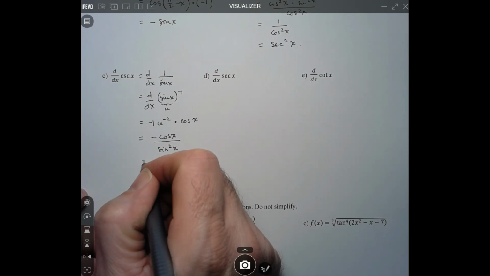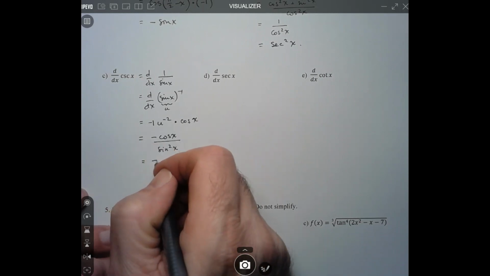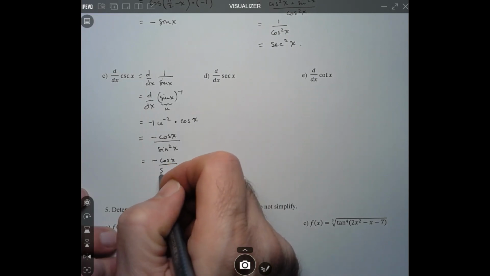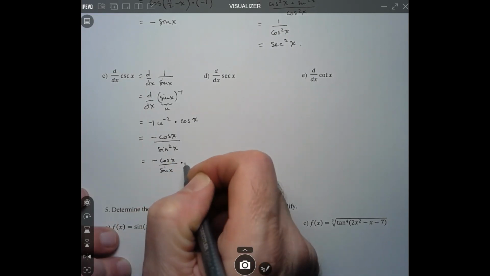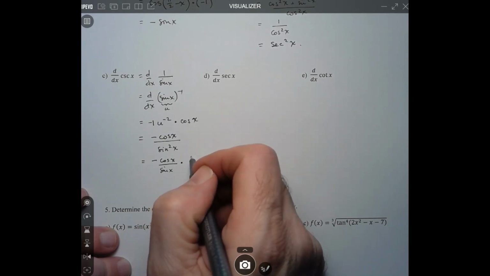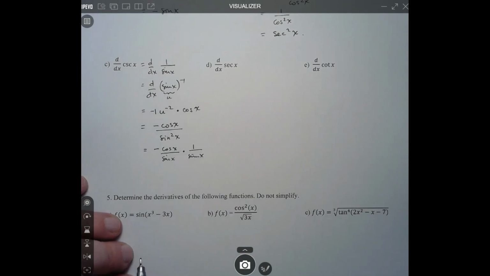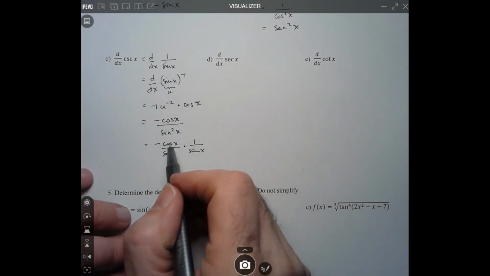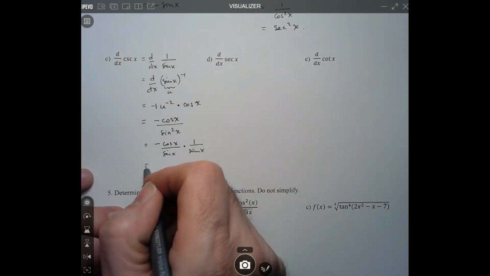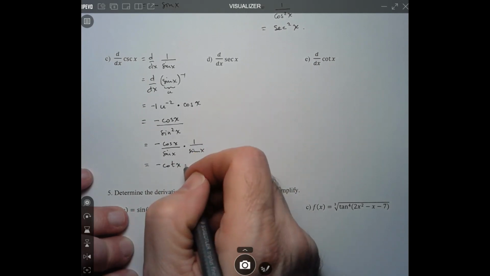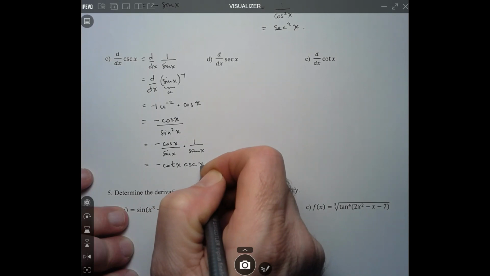So what we're going to do is split up this fraction as negative cos x over sine x, and then we're going to separate out another 1 over sine x. All right? And then you realize, hey, wait a minute, cosine over sine is just equal to cotangent, and 1 over sine is just equal to cosecant.